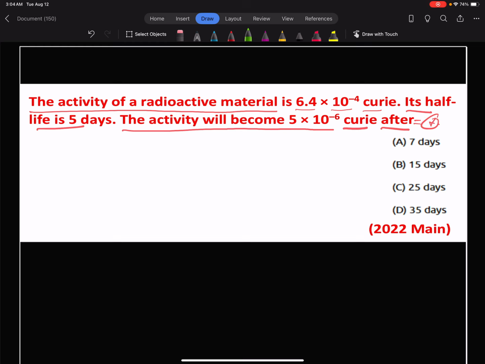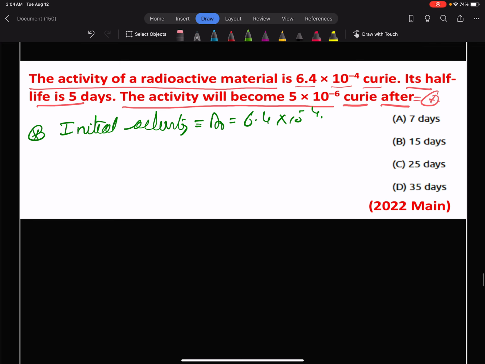So here we are given initial activity. Initial activity A naught is 6.4 into 10 to the power minus 4, and we are also given the half-life T half, which is 5 days.